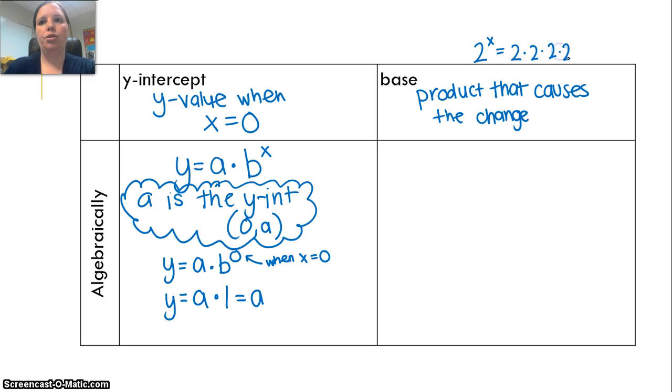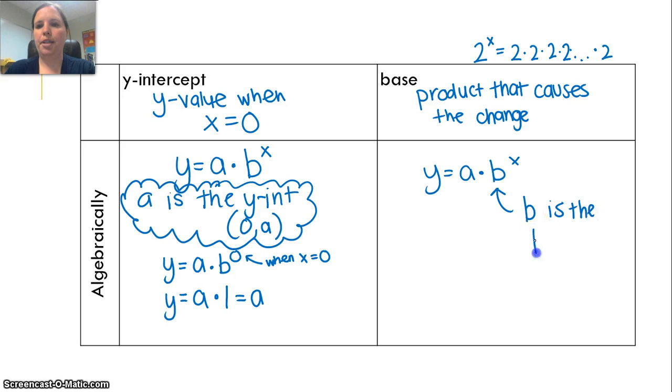We were multiplying by 2 over and over and over again. So that's your base value. So y equals a times b to the x again. Just the b value is the base because that's all that's being affected by your choice of x variable.